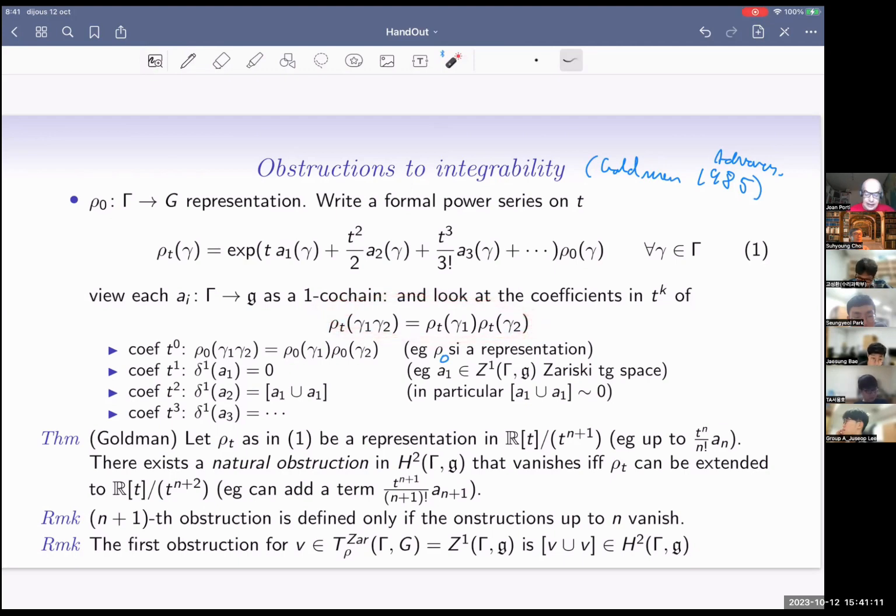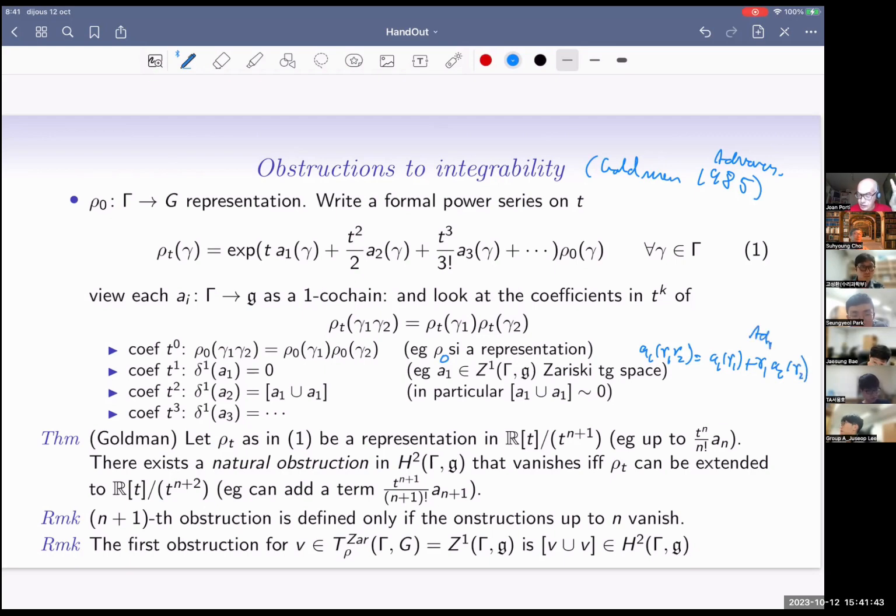And in fact, I don't write it here, but this is the same thing as saying that A1 belongs to the Zariski tangent space, the relation for the cross homomorphism, okay? I can write it here if you want: A1 of gamma 1 gamma 2 equals A1 of gamma 1 plus gamma 1 of the adjoint action on A1 of gamma 2.